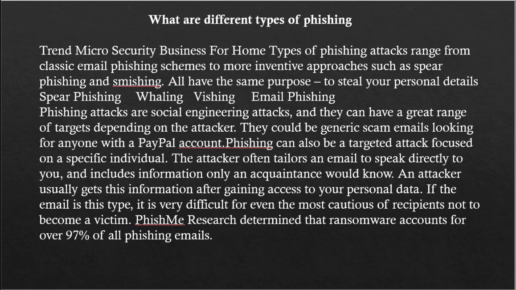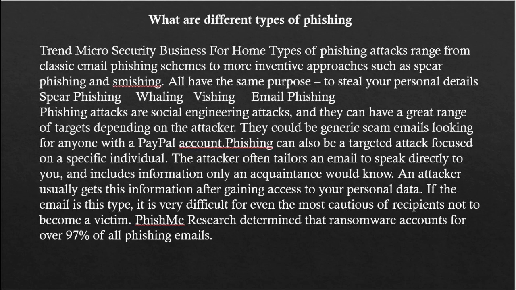Phishing attacks are social engineering attacks, and they can have a great range of targets depending on the attacker. They could be generic scam emails looking for anyone with a PayPal account. Phishing can also be a targeted attack focused on a specific individual. An attacker often tailors an email to speak directly to you and includes information only an acquaintance would know.